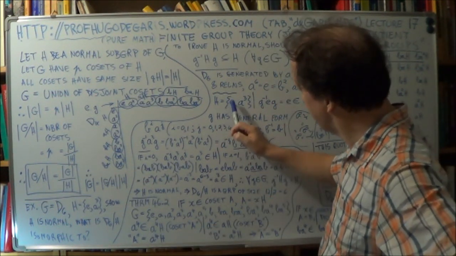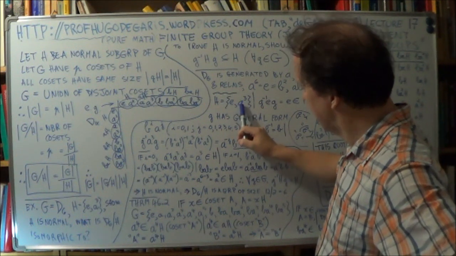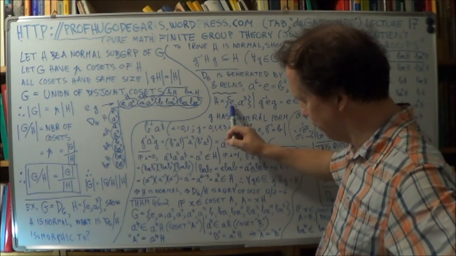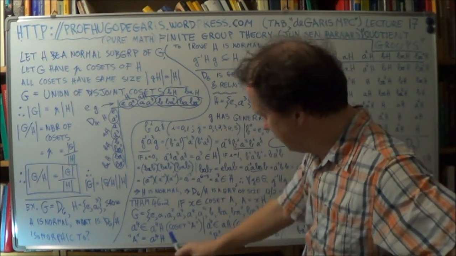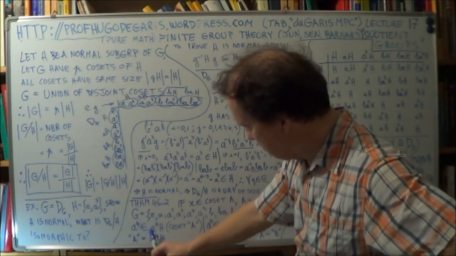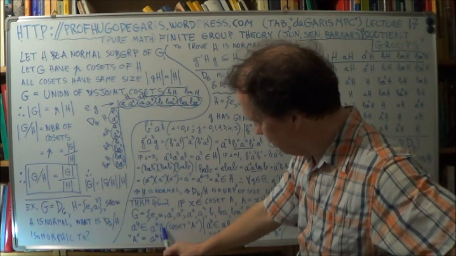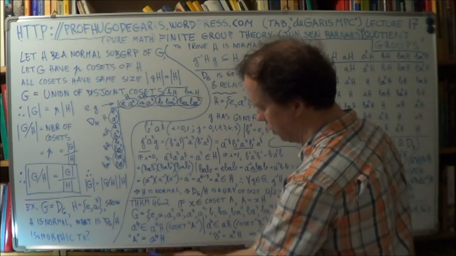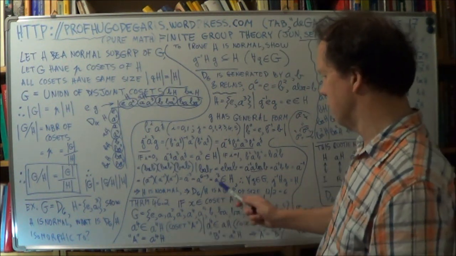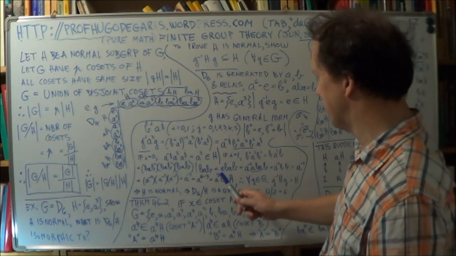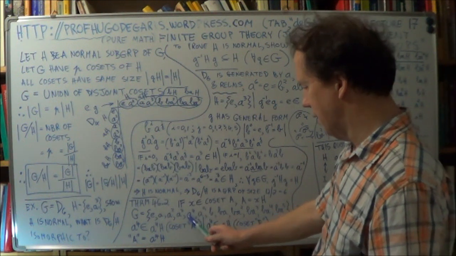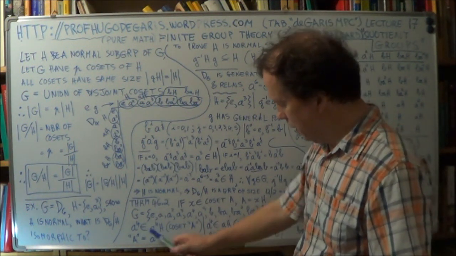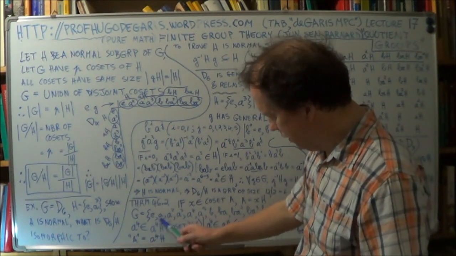So if I multiply a to the fourth into that and that, a to the fourth H will become a to the fourth, a to the 7th. But here you've got an a to the fourth, so a to the fourth is a member of a to the fourth H. Now that's a left coset, by definition, because we took an element, this one. So a to the fourth belongs to this coset.